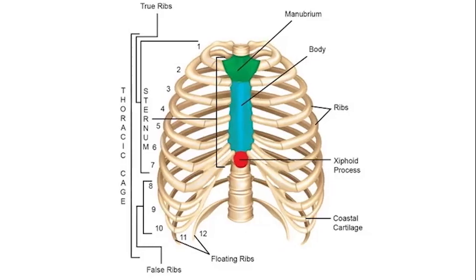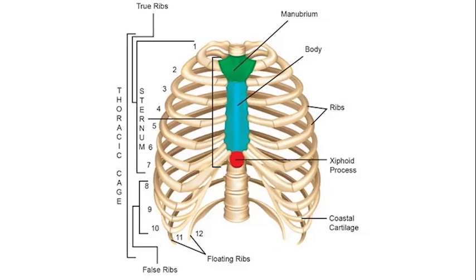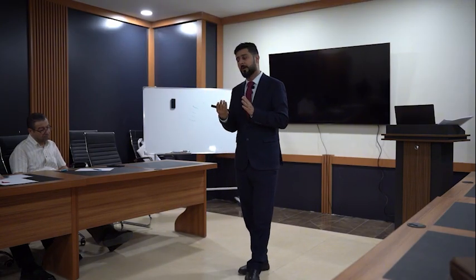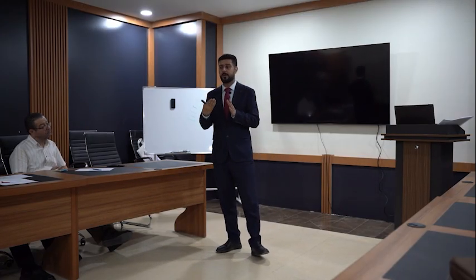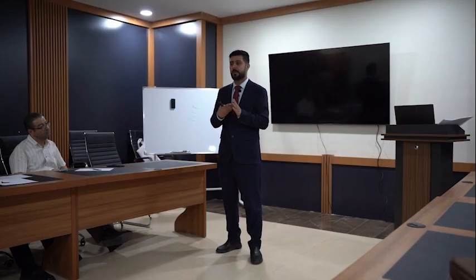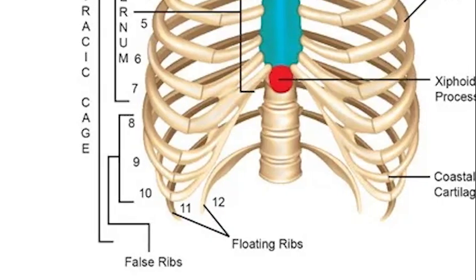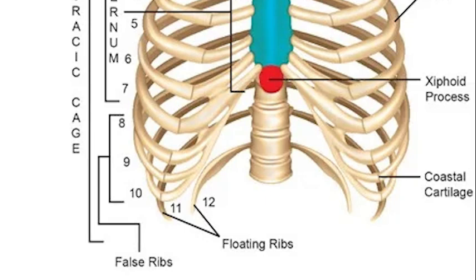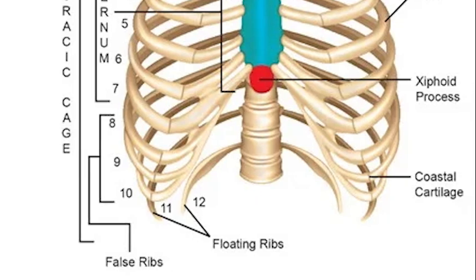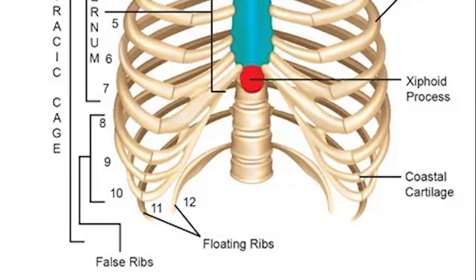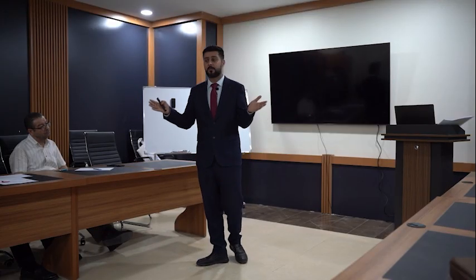If they attach to the sternum, they are called true ribs. Because they attach to the 7th rib, they are called false ribs. And 2 floating ribs have no attachment anteriorly. They have posterior attachment to the vertebral column, but anteriorly they are floating, so they are called floating ribs.